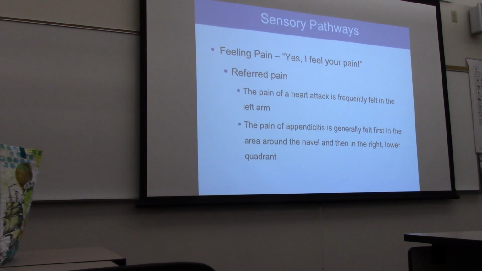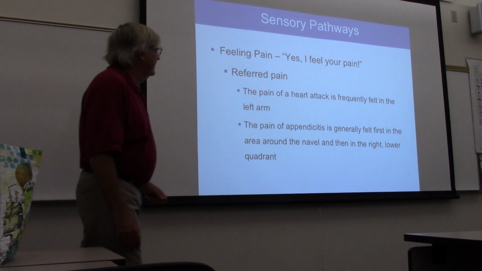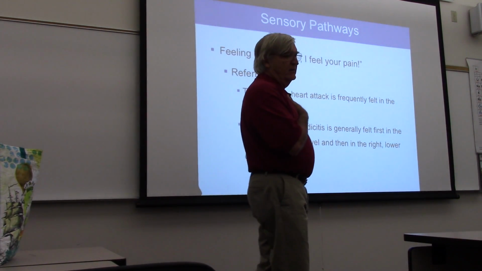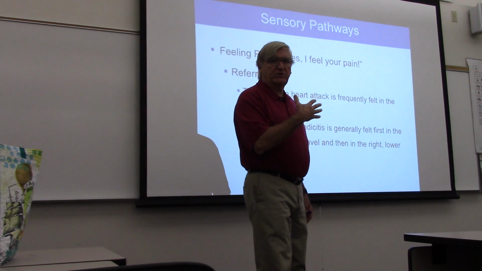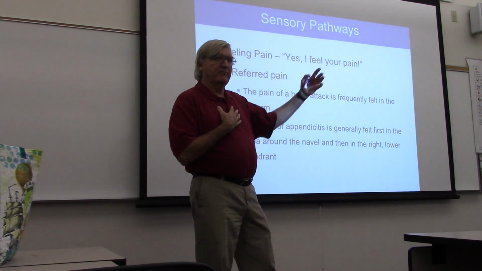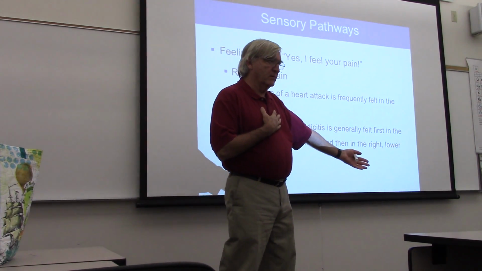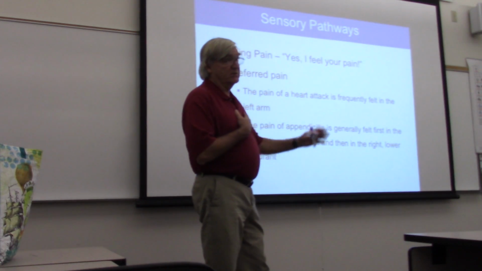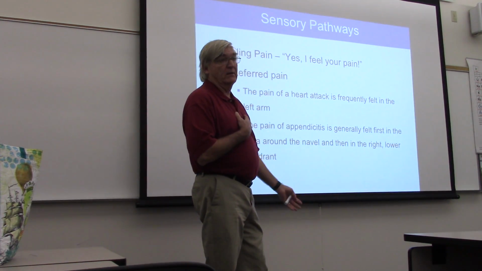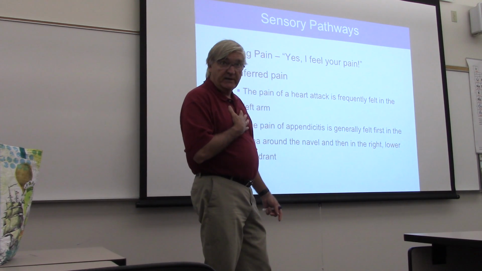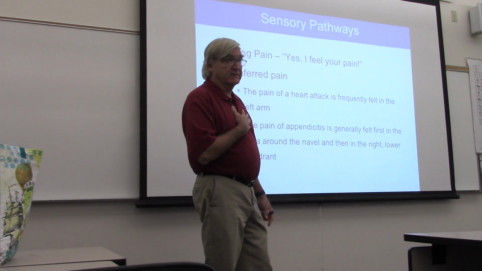Let's talk about another kind of pain called referred pain. This is a sensation that comes in. You've often heard that somebody who has a heart attack doesn't feel that pain in their chest, they may feel it in their jaw, or they may feel it down their left arm. Okay? By the way, in women, recent studies show that women more commonly get pain in their jaw than they do in their chest if they're having a heart attack.